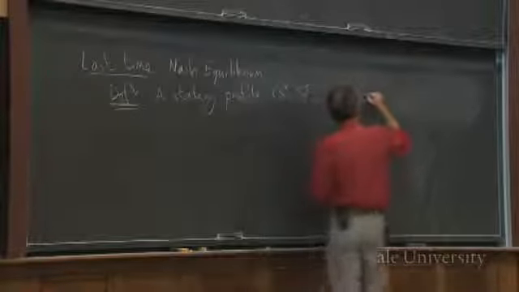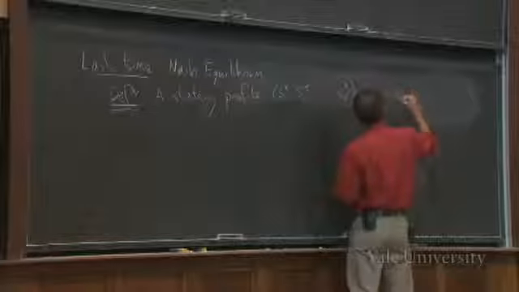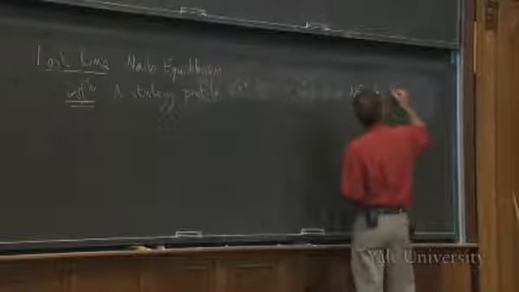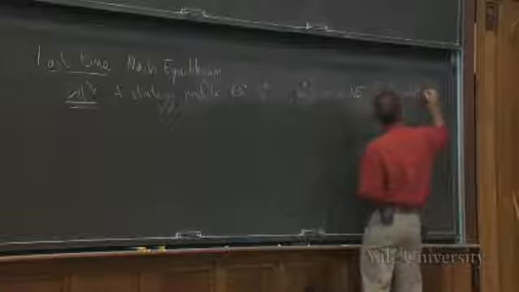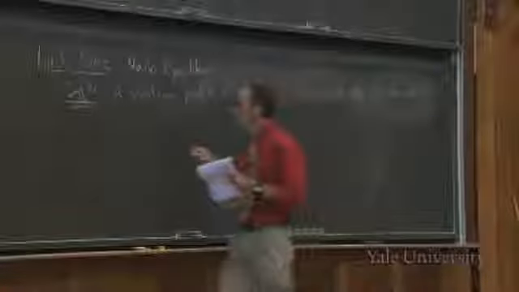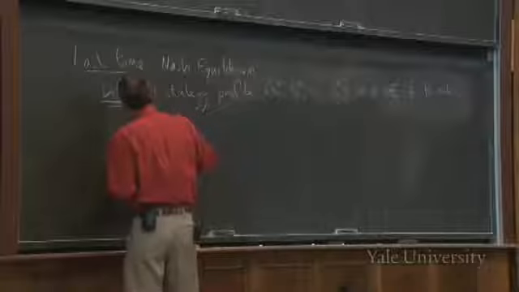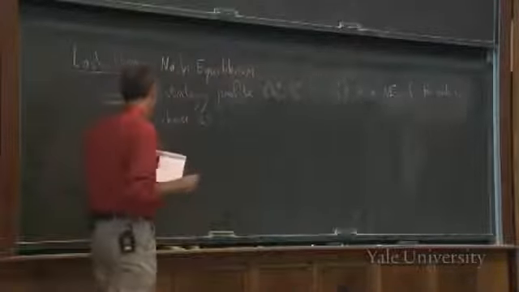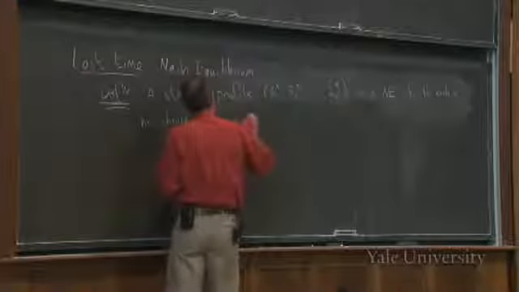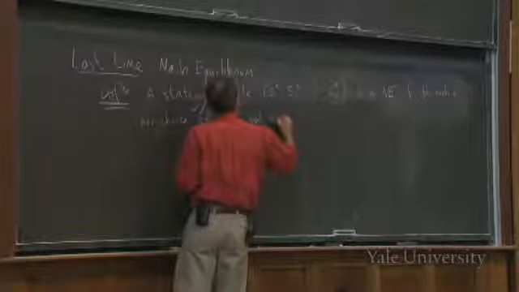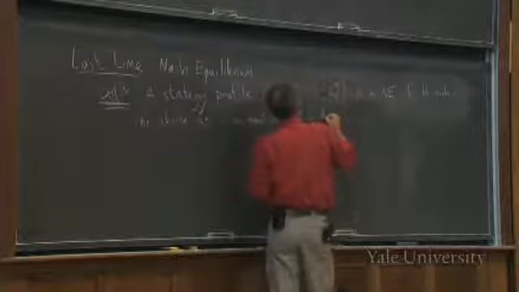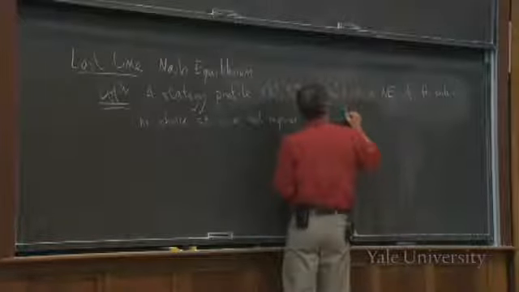So this profile is a Nash equilibrium, and I'm just going to write NE in this class for Nash equilibrium from now on, if for each player i, her choice, so her choice here is Si star, that is i's part of that profile, is a best response to the other players' choices.